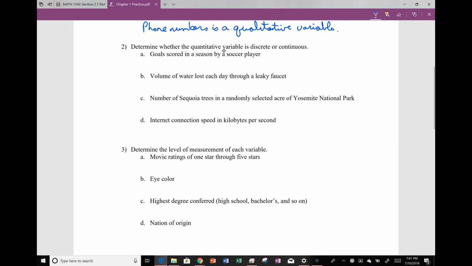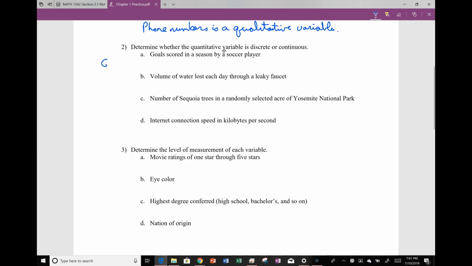So let's see here. Goals scored in a season by a soccer player. So let's think about this. A soccer player scores a goal. Is it 1 goal? Is it 2 goals? Is it between 1 and 2 goals? It's exactly 1 or it's exactly 2. It's nothing in between.